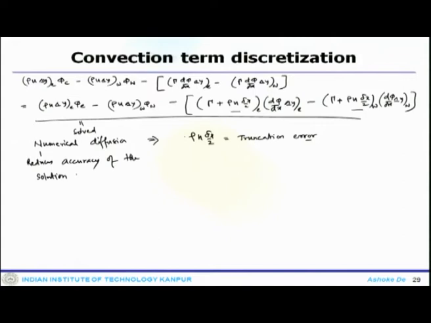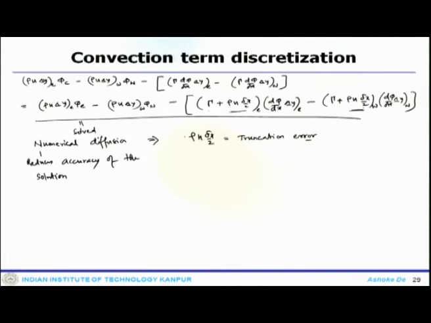Therefore, the convection diffusion equation has an effective modified value of the diffusion effect. Not only the gamma d phi by dx term, we get an extra term in the context of discretization, known as numerical diffusion.